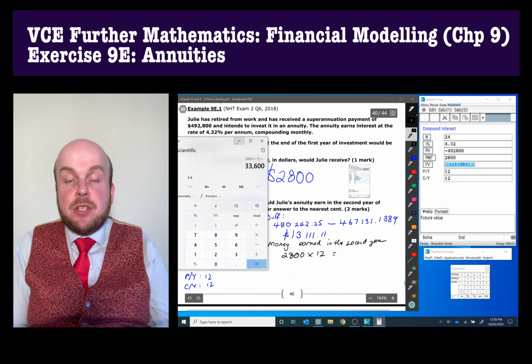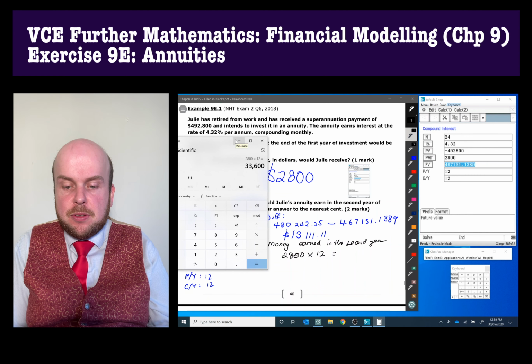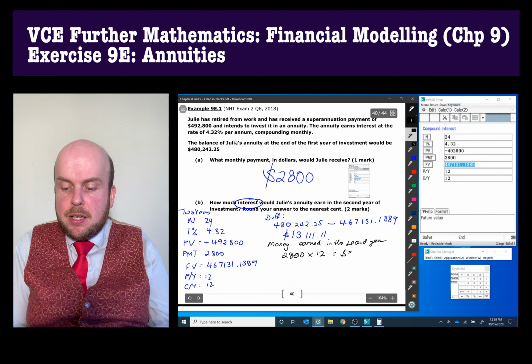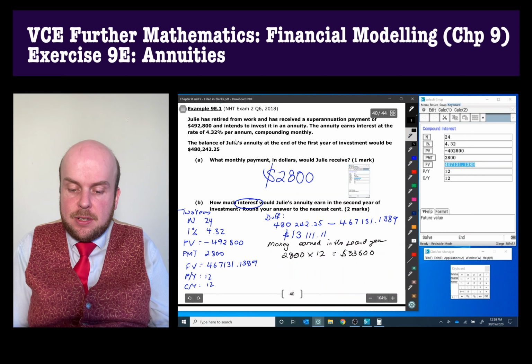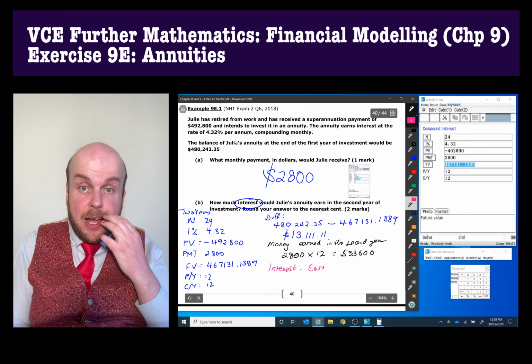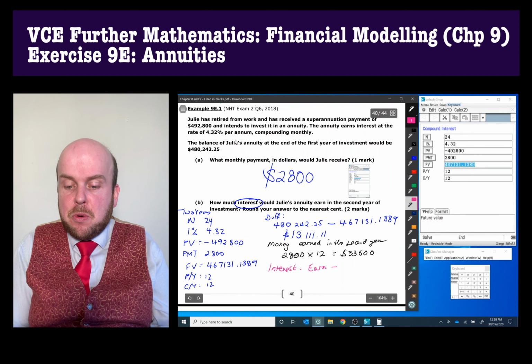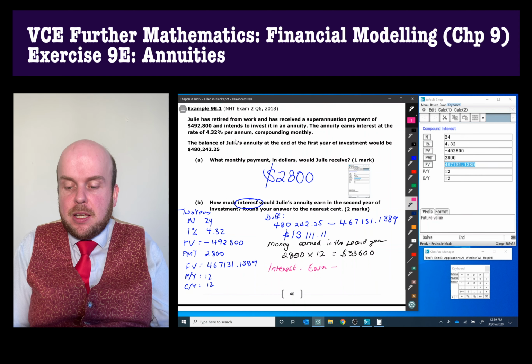That's how much money went to Julie. So it went to 33,600. Therefore the interest is going to be the earnings subtract the difference in the investment.